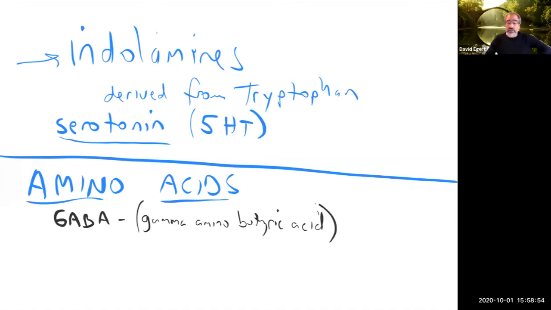But nobody calls it that. Everybody calls it GABA. GABA tends to bind these directly gated channels that open chloride channels.